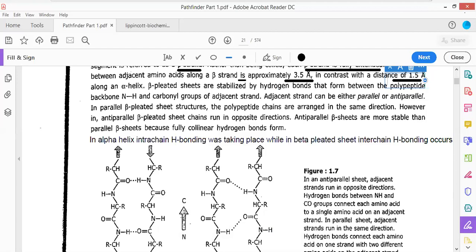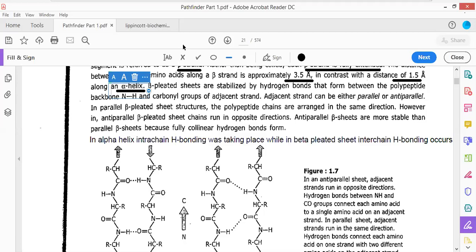Alpha helix has 1.5 angstrom, while here the two amino acids are separated by 3.5. So actually, the alpha helix has been extended by about 3 times.